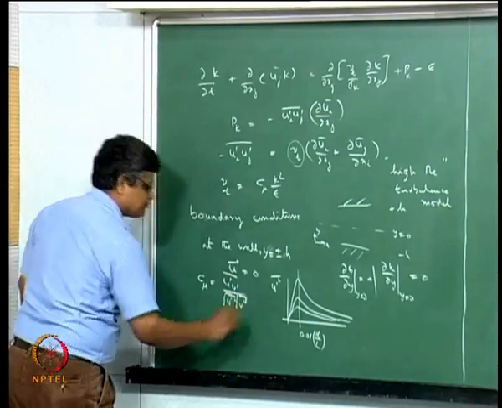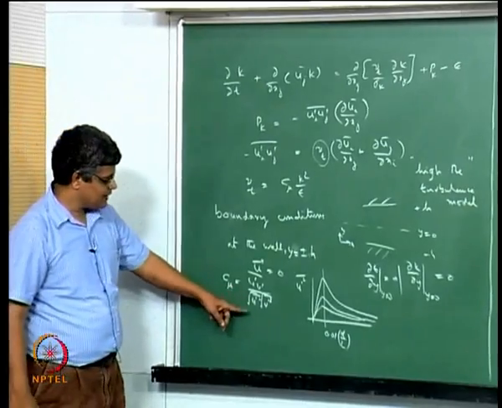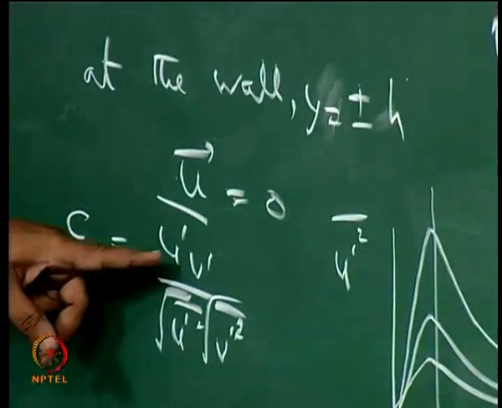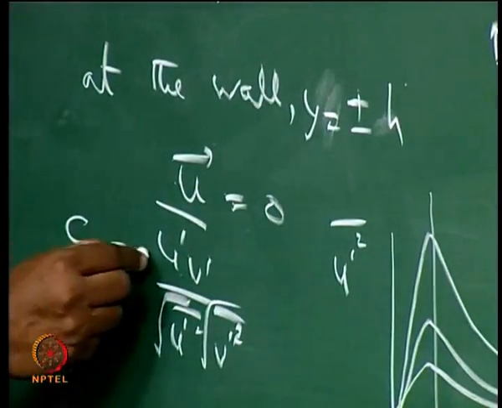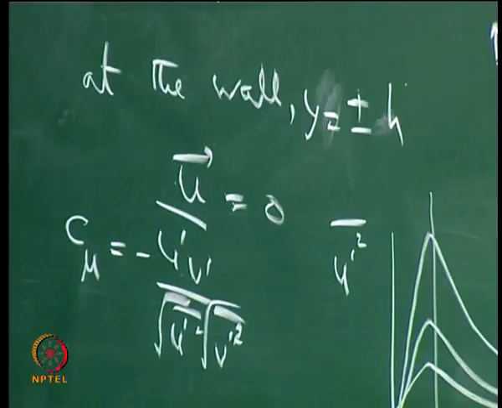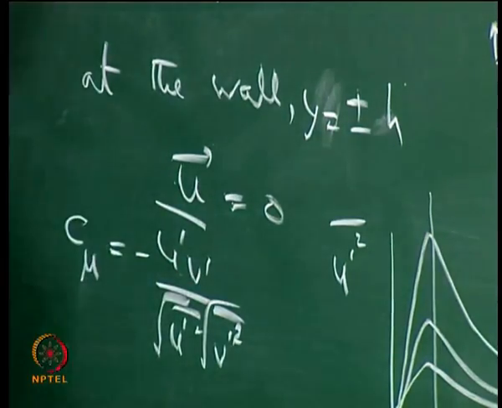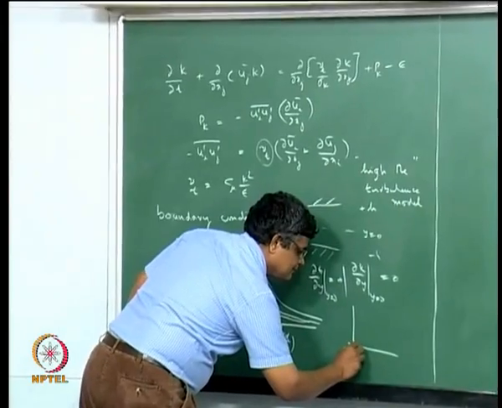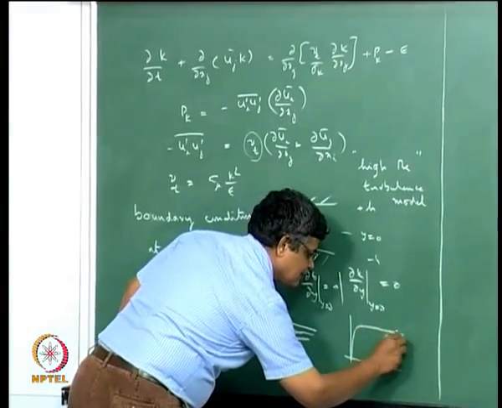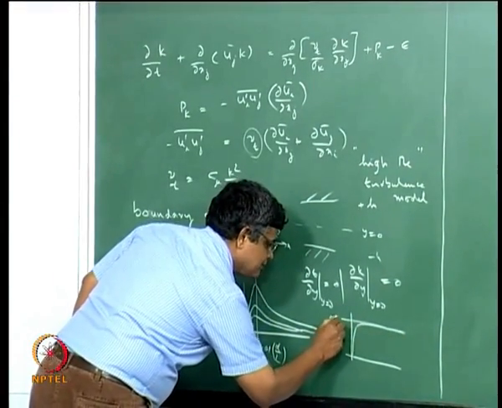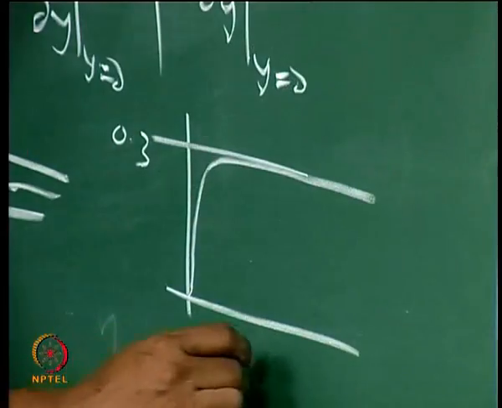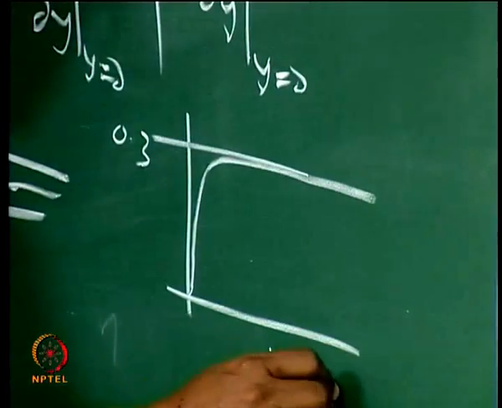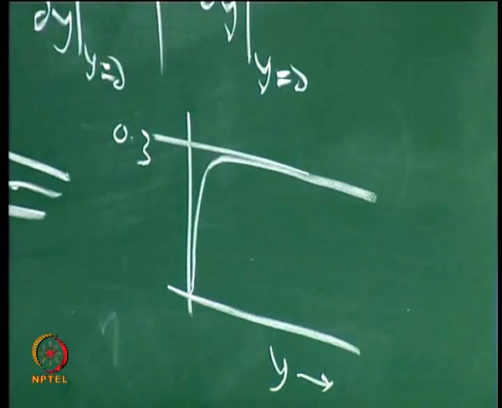Okay, so it is some non-dimensionalized variation of u prime v prime bar like this with a minus sign, and we have said that this quantity is mostly constant like this, and this has a value of 0.3 with respect to distance from the wall. Okay, so as the distance from the wall increases, this reaches a constant value.